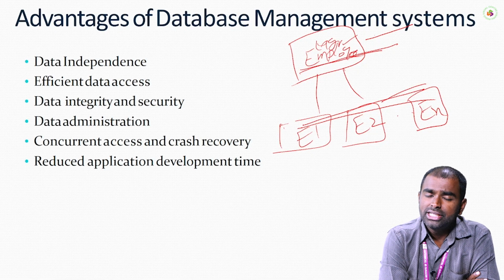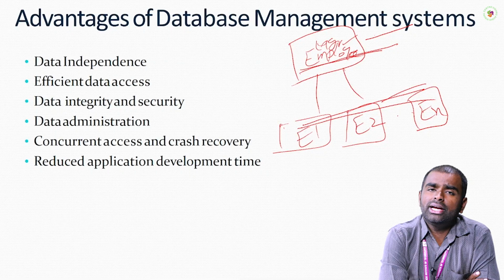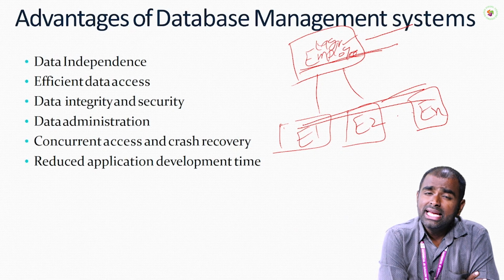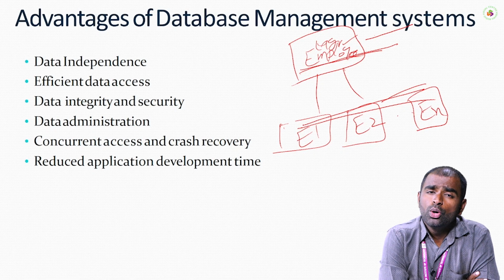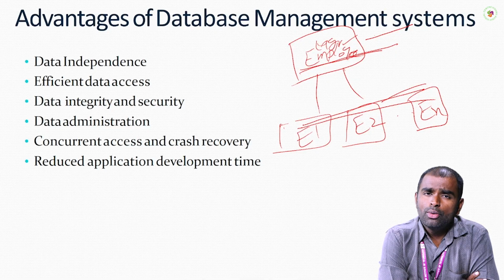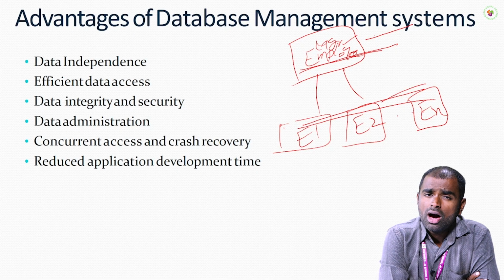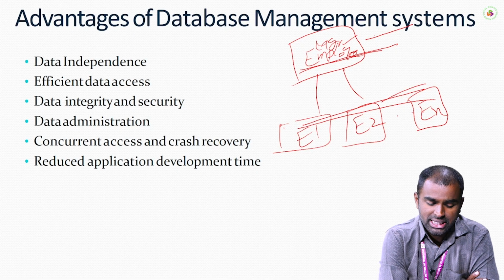Next, data administration. In a database you have data administration, data organization, data privileges, and data access: which people should access the data and which should not. Granting permissions and revoking permissions can all be done by the data administrator.